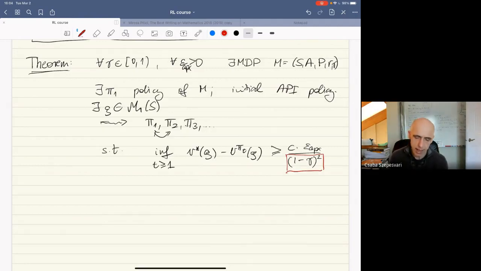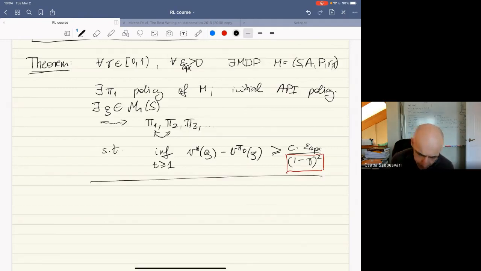So API doesn't escape this. And here, the only thing that I didn't specify is how the policy evaluation is done.